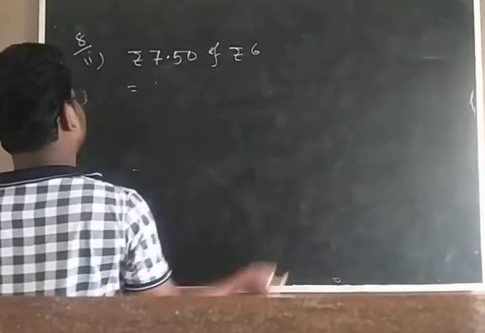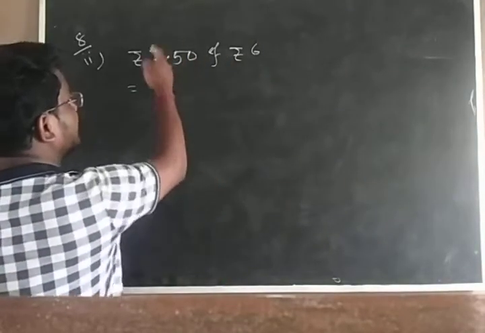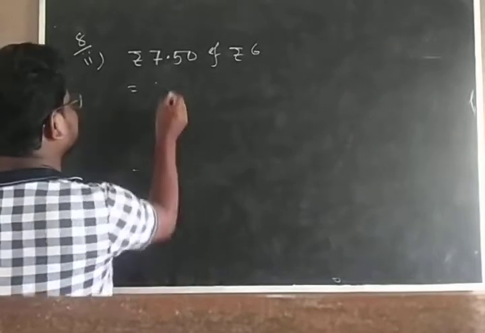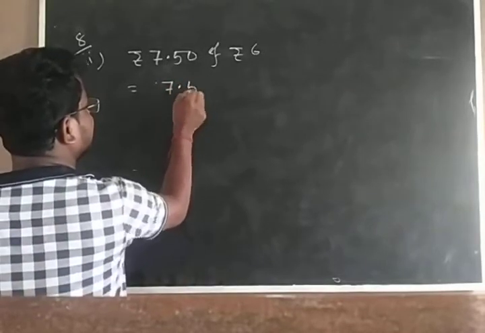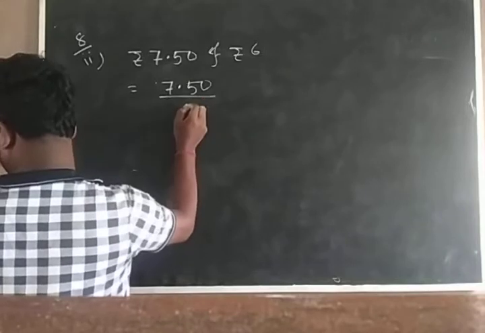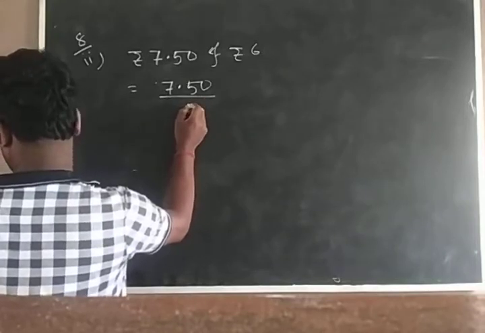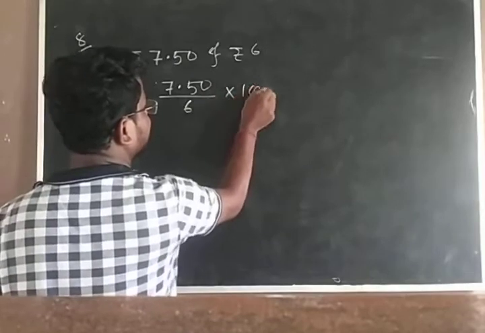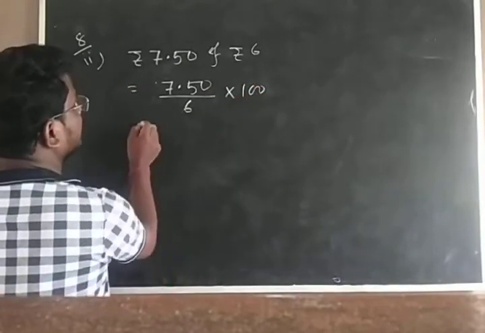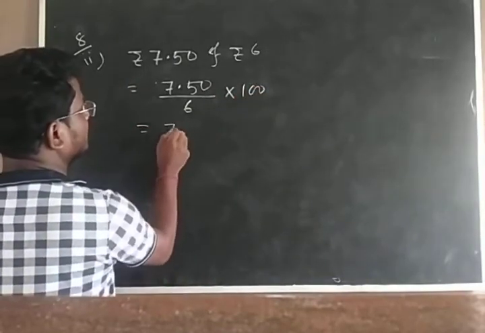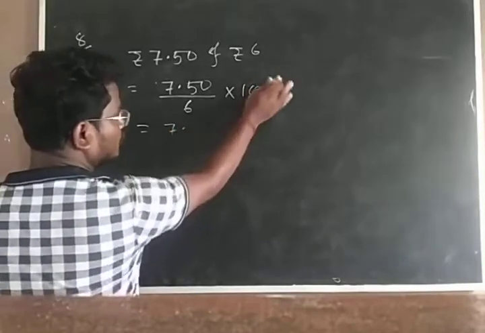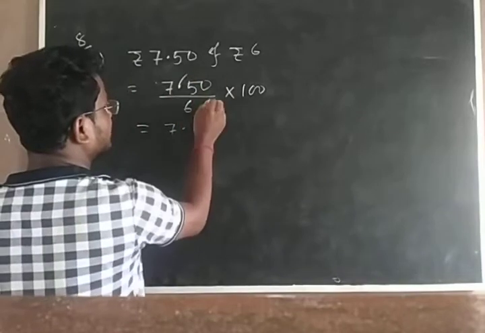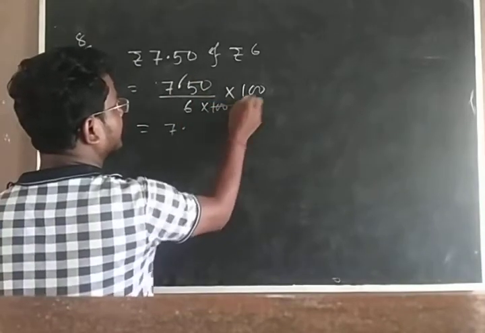Means out of rupees 6, the 7.50 you have to express as a percentage. Then 7.5 by 6 into 100. To express in percentage you will multiply by 100. Just cancel.